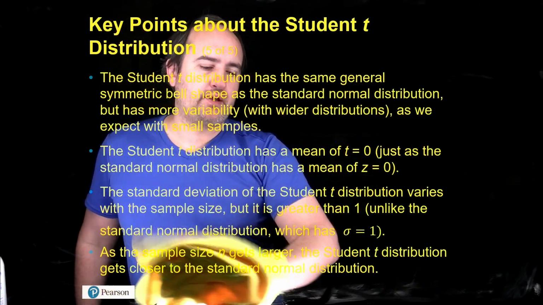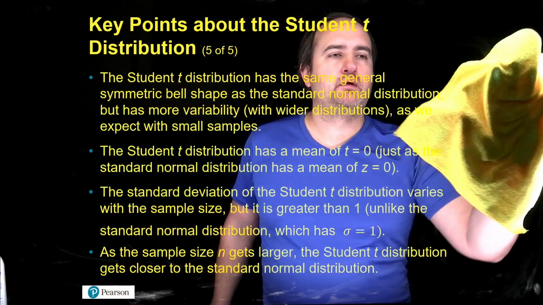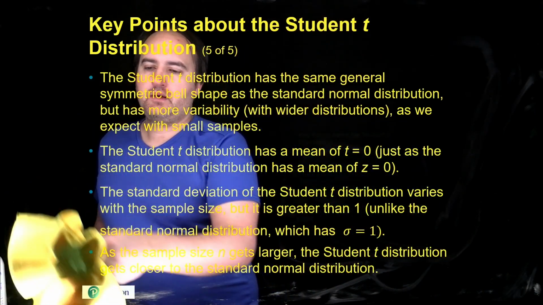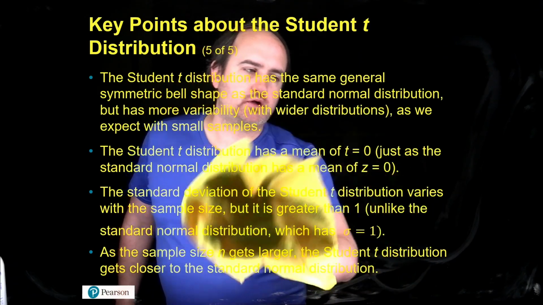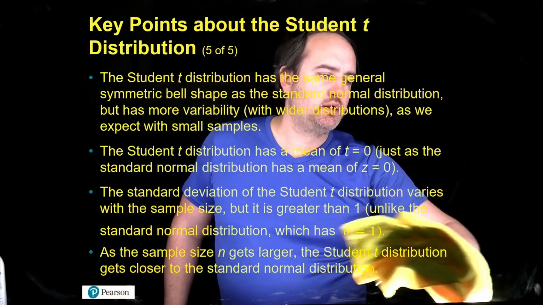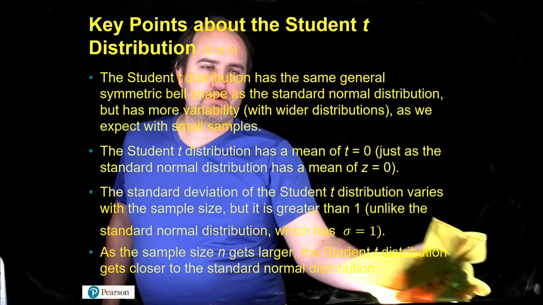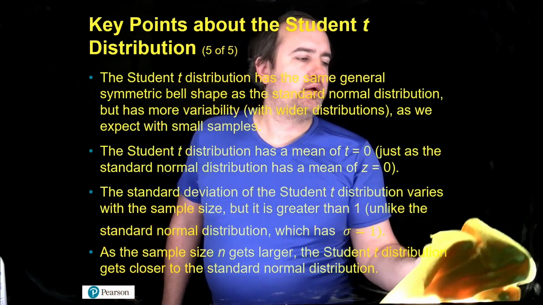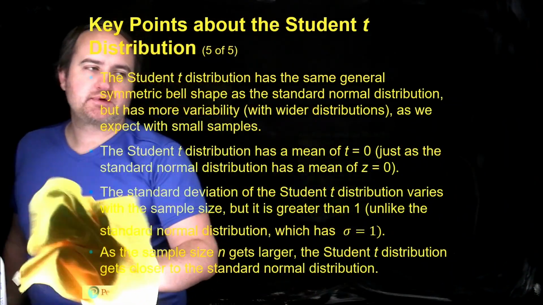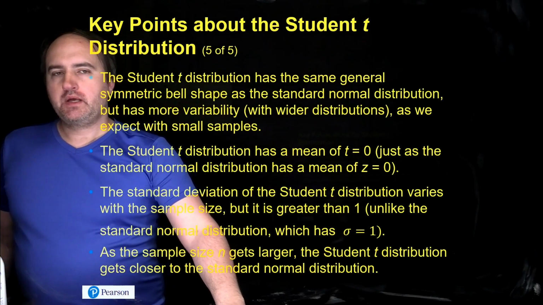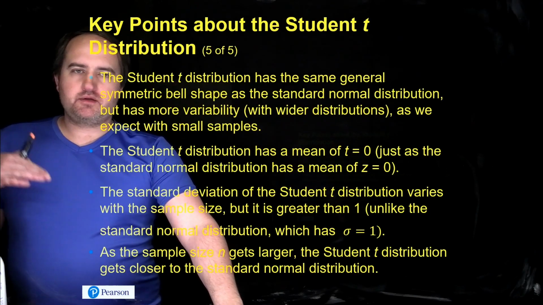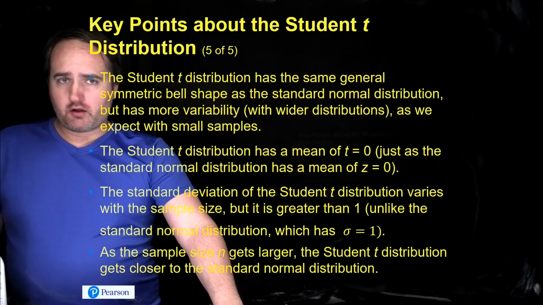I mean, they're all bell-shaped and they're all symmetric, and basically those graphs are actually going to get closer and closer to a normal distribution, but they sort of adapt based on your number of degrees of freedom. Okay?